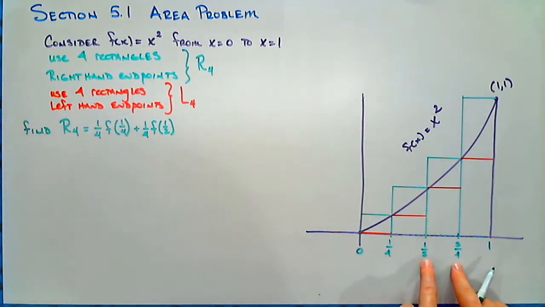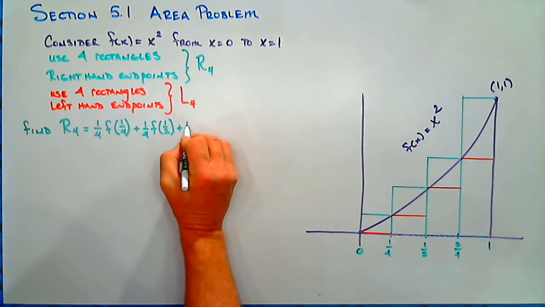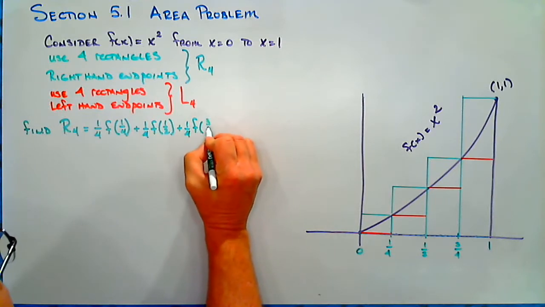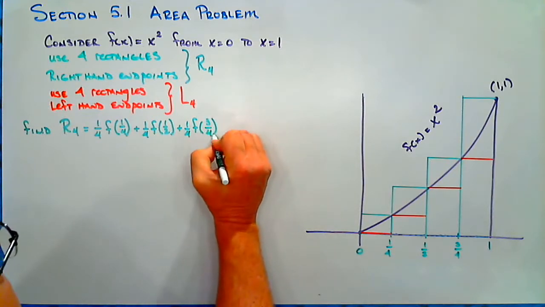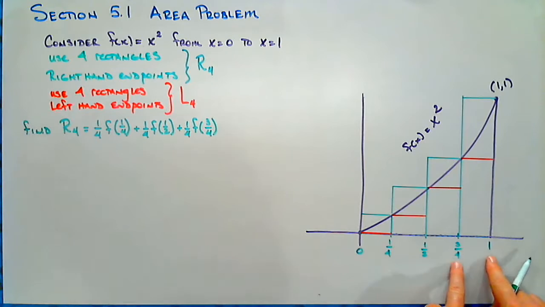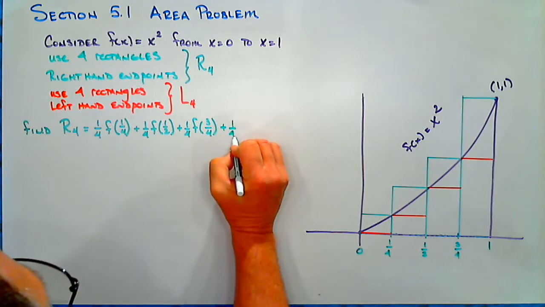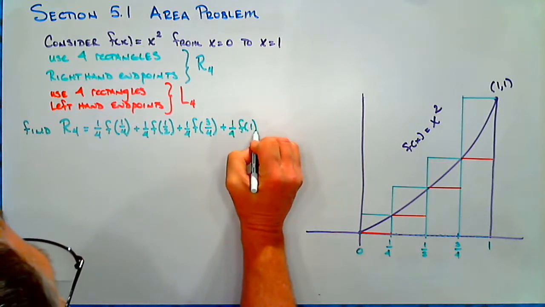This subinterval is 1/4 wide. So we get 1/4, and our height there is going to be f of 3/4. And then finally over here, we get 1/4 wide times our height, which is f of 1.